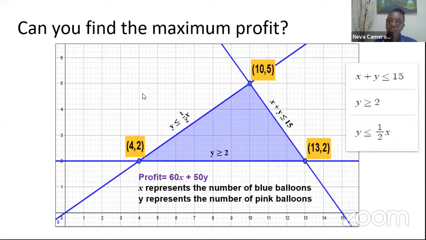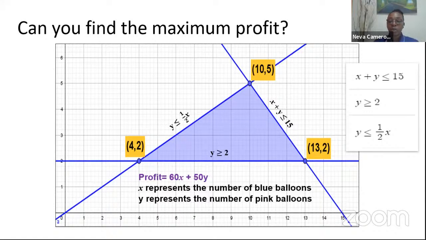And we came up with 10 blue, 5 pink, and 13 blue, 2 pink. So the profit equation is, remember we discussed that it's $60 for the cost of 1 blue balloon, and we worked it out in the table. So what we're doing now is moving from the table to the graph.